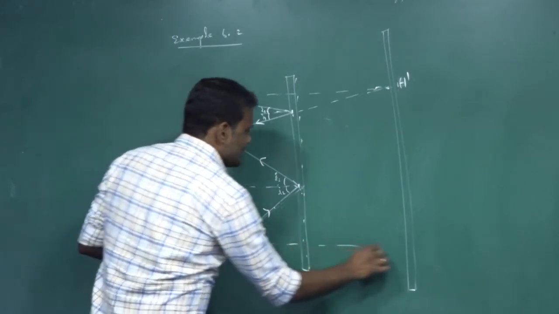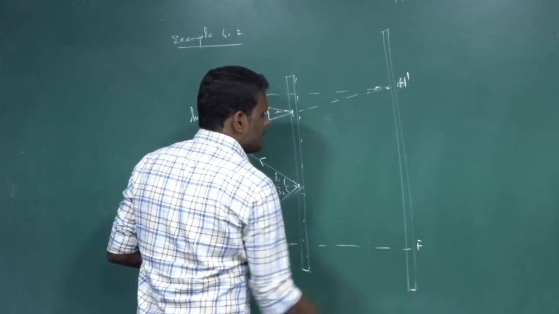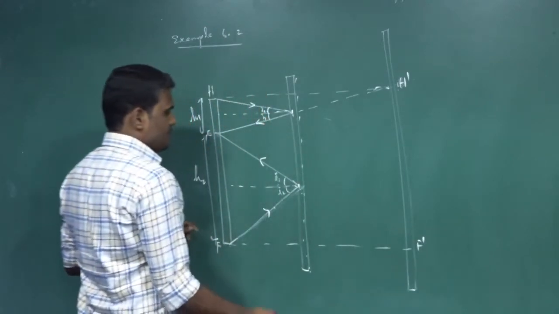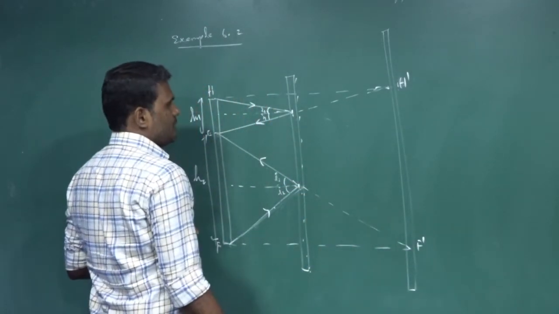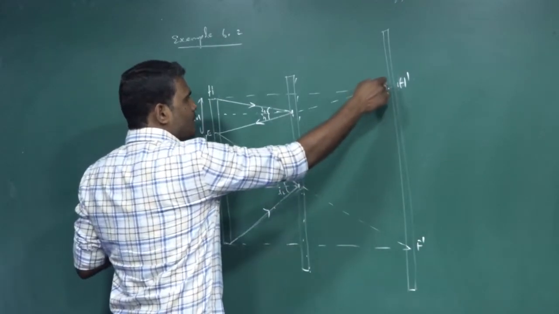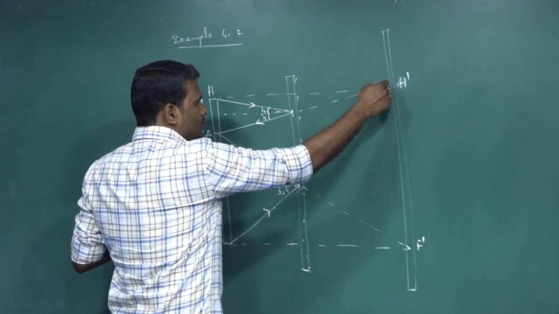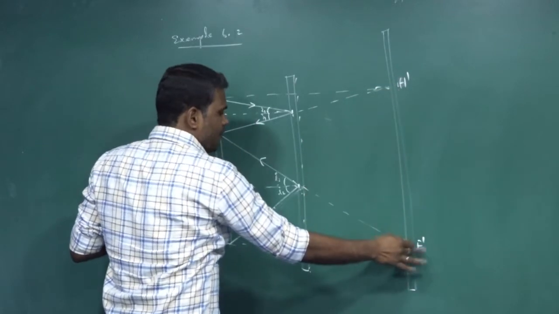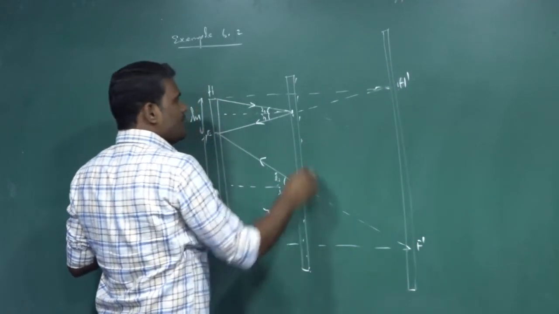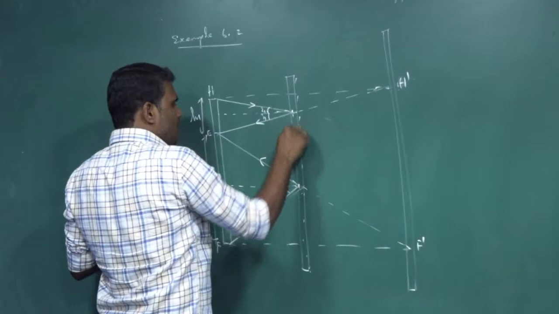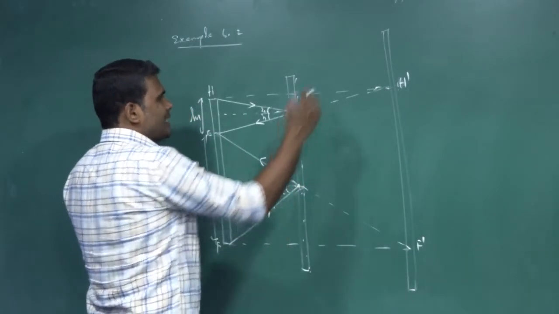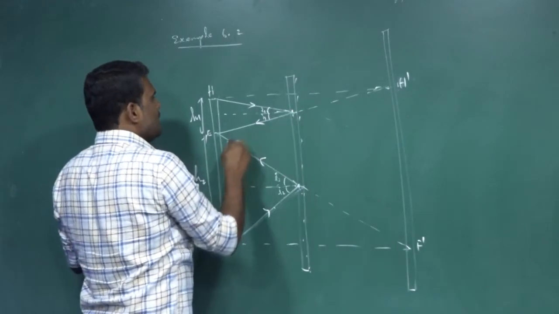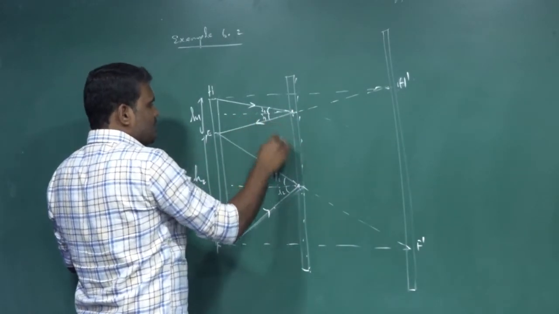Similarly, when a direct ray is considered, it will produce the image of the feet. When this is produced backwards, it will meet at this particular point. So we can say here, the head and the feet images are formed behind the mirror, and the geometry of the mirror required to produce the image of this person is simply something you can calculate here.